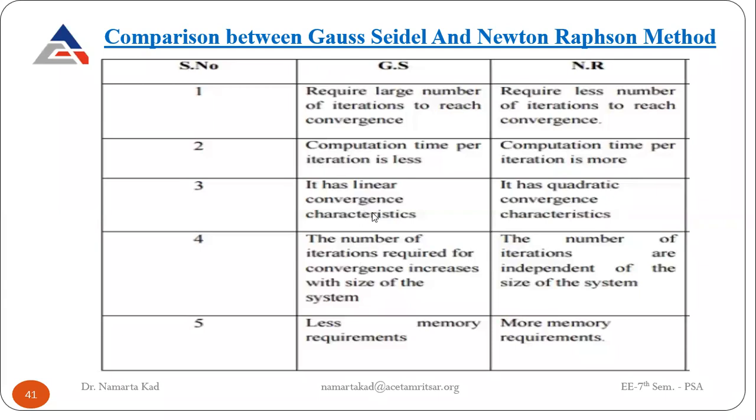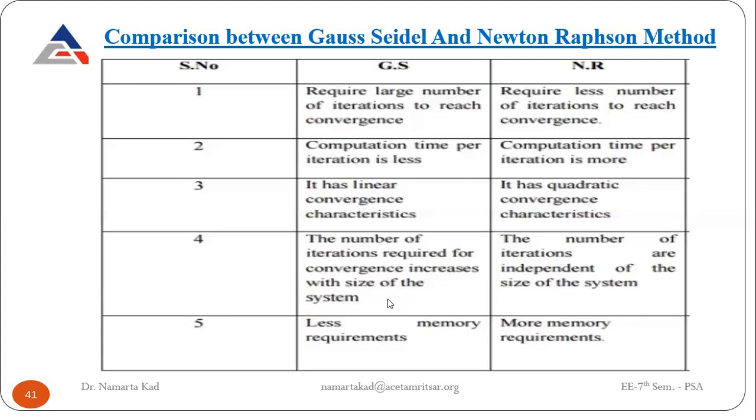Next, the Gauss-Seidel has linear convergence characteristics. The convergence characteristic is almost linear. And the Newton-Raphson has quadratic convergence characteristics. In the Gauss-Seidel, the number of iterations required for convergence increases with the size of the system.